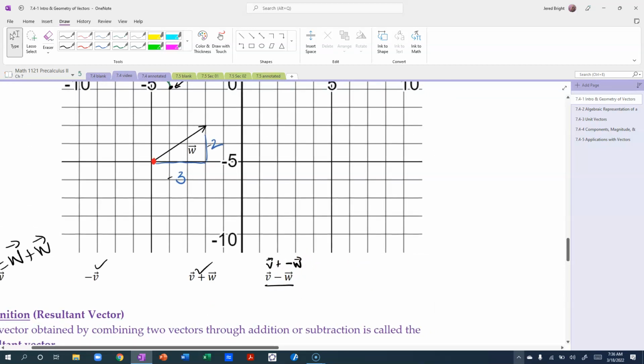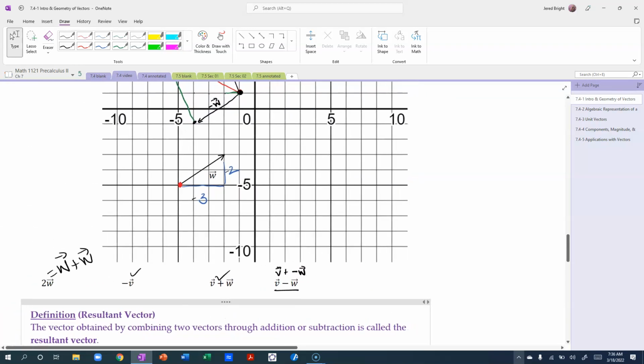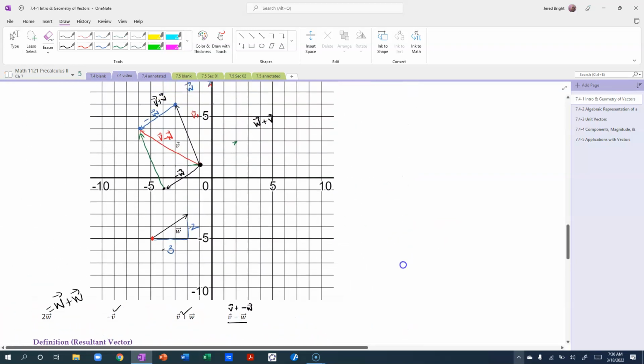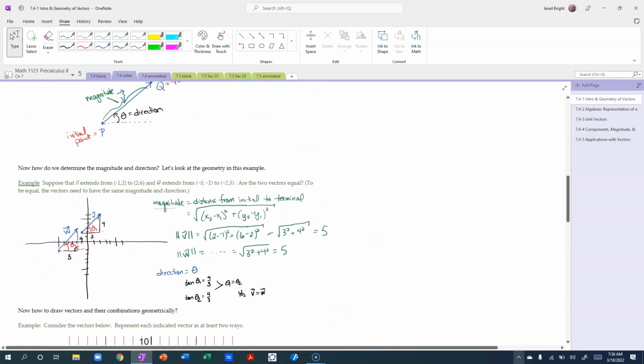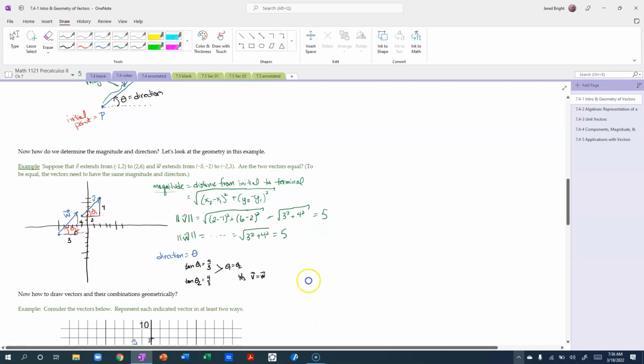So longer video, but it gives you a few different examples and some important tools as we look at our journey through vectors. Again, direction is given by theta. Find that using tangent, and magnitude, we find by using the distance formula.